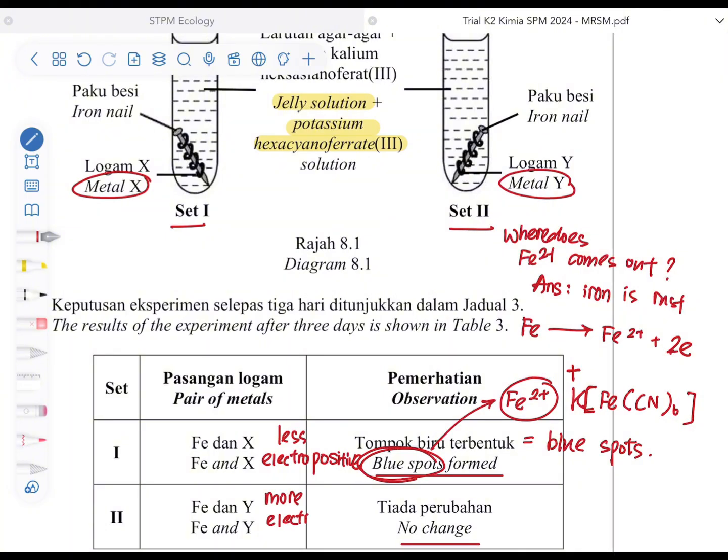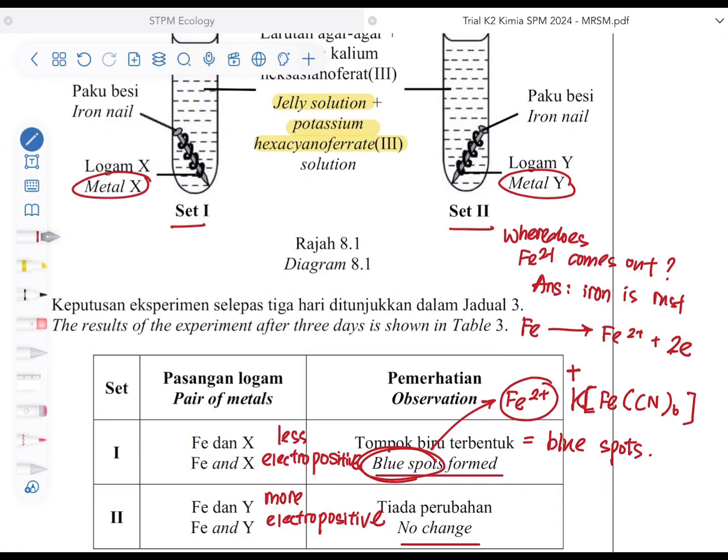So you need to check your standard electrode potential and check the value for the iron ion. For the metals that are higher than the location of the iron ion, the iron will not rust.